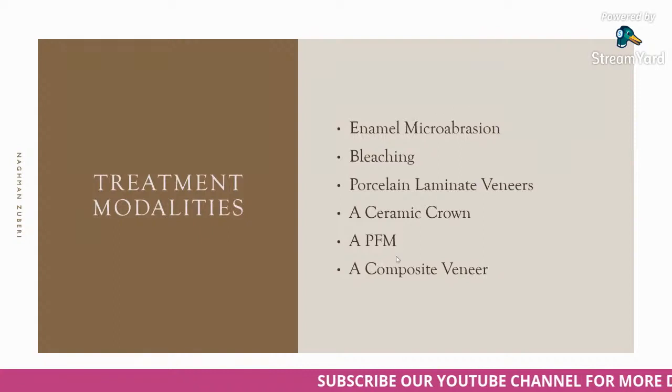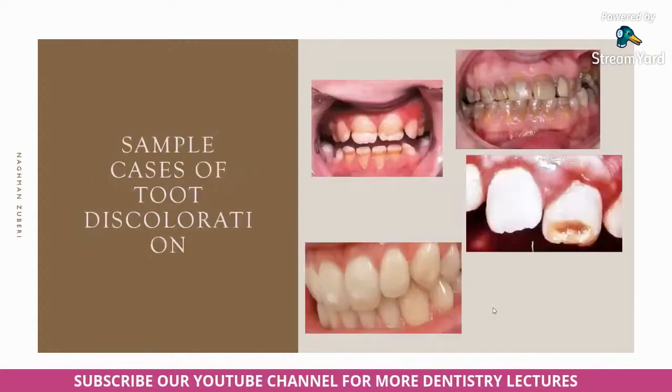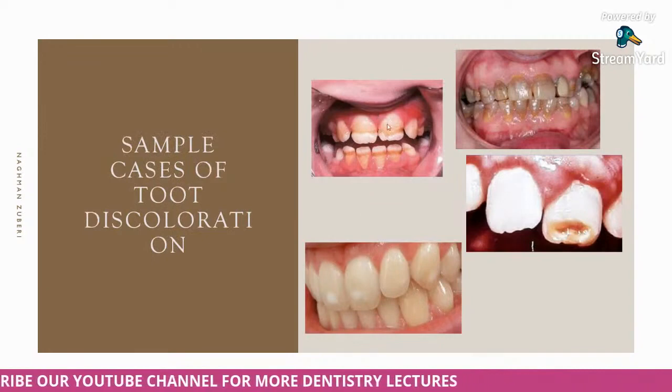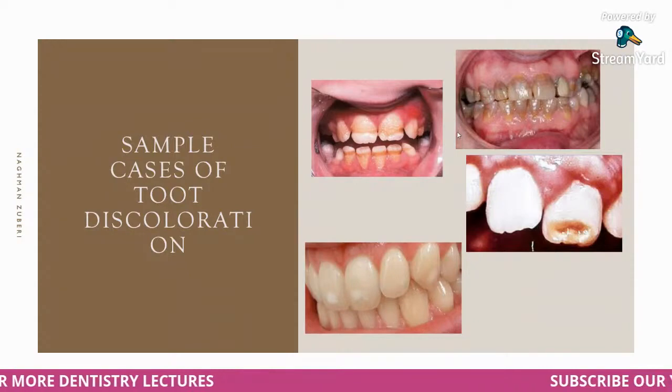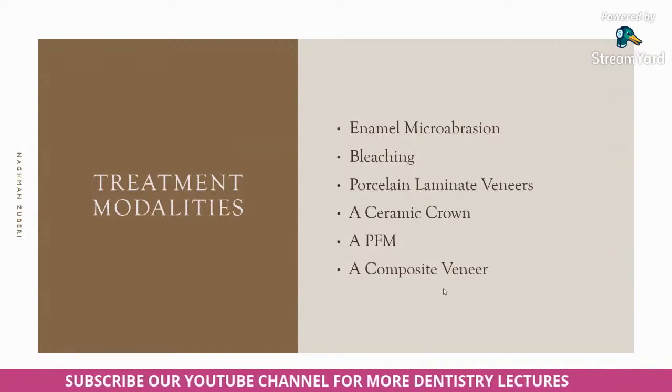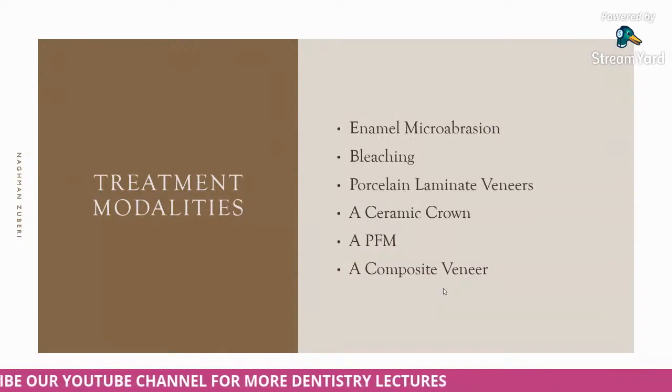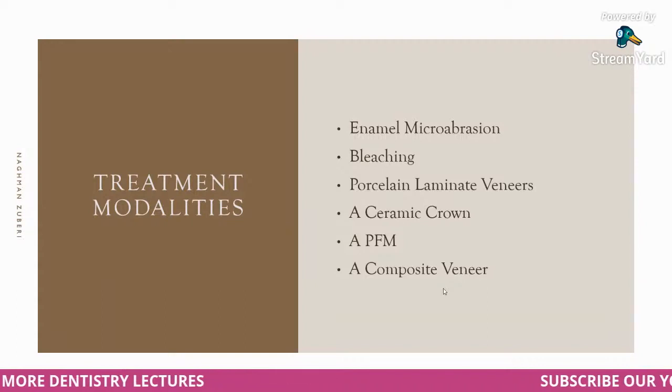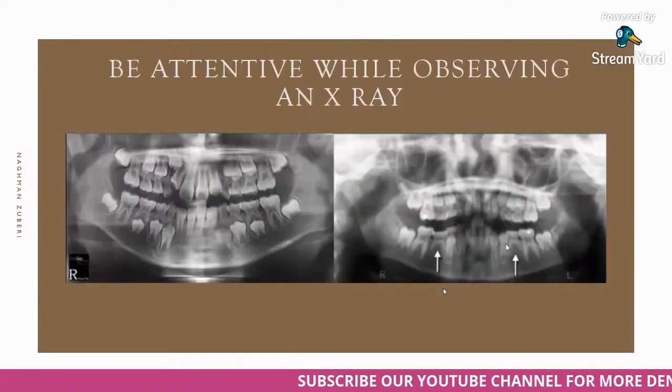So you won't be able to choose the proper treatment option, and you will be basically losing your marks on the questions: the first question, which would be related to the diagnosis, as well as the second question, which would be about the treatment modalities. That is why your basic information should be very, very strong. Your basic knowledge should be very, very strong before you attempt these types of questions.